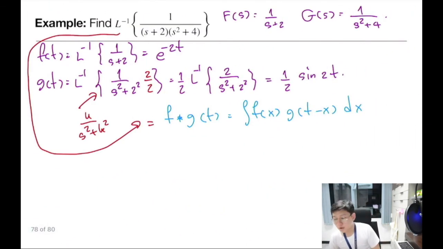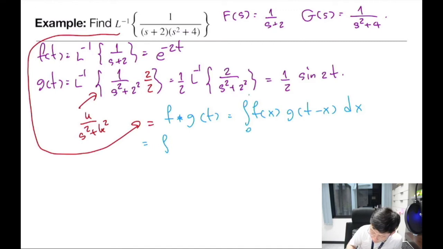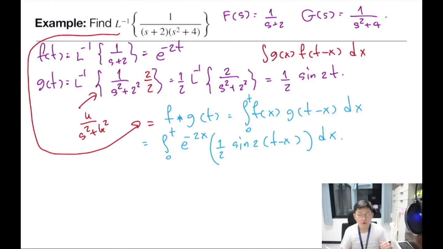And what is f(x) and g(t minus x)? That will be the integral from 0 to t, f(x) would be e to the minus 2x, and g(t minus x) would be 1/2 of sine of 2(t minus x) dx.